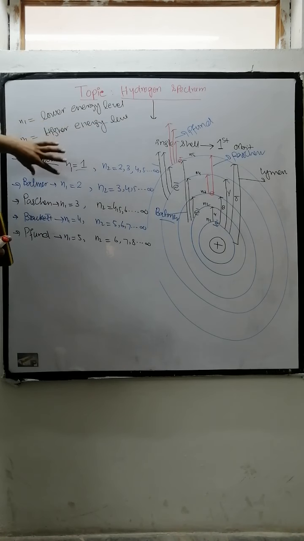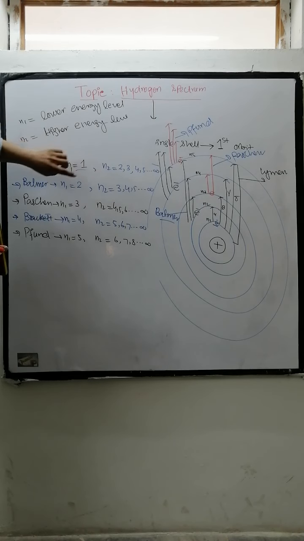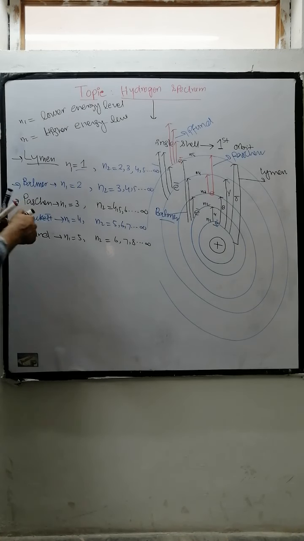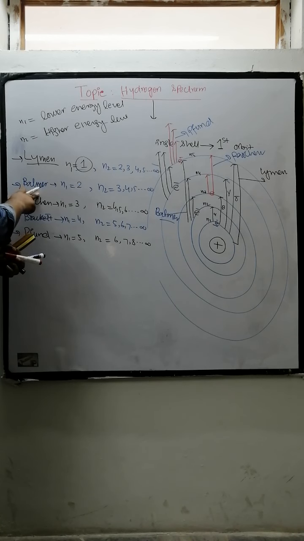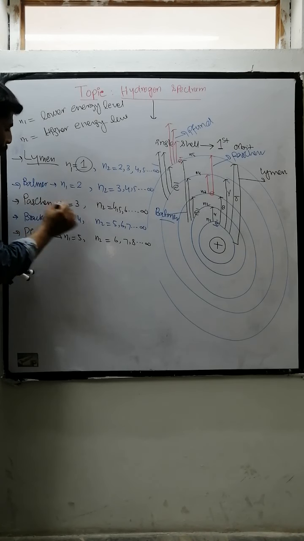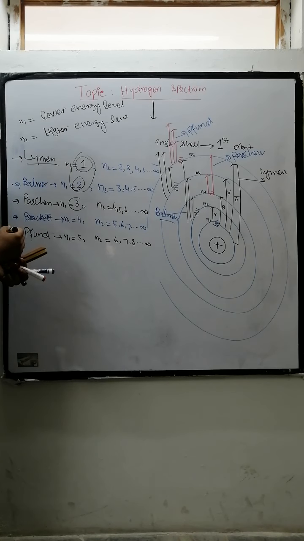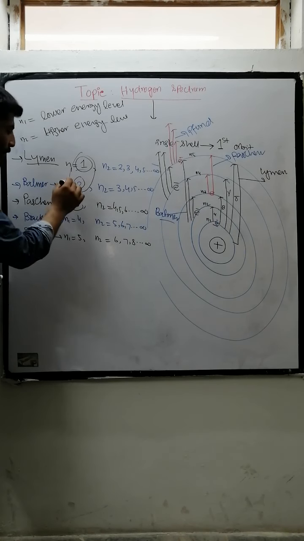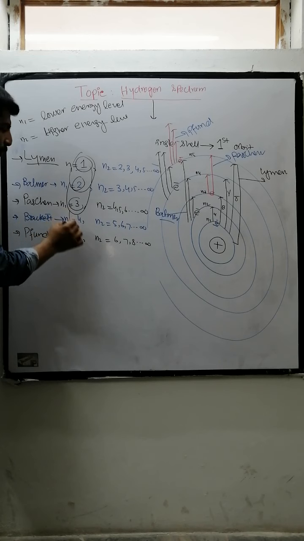In the Balmer series, transition is between the second and any other higher level. Here the wavelength for the first energy level is missing in the Balmer series. In the Paschen series, first and second are both missing. In the Brackett series, first, second and third are missing. In the Pfund series, the first four are missing.